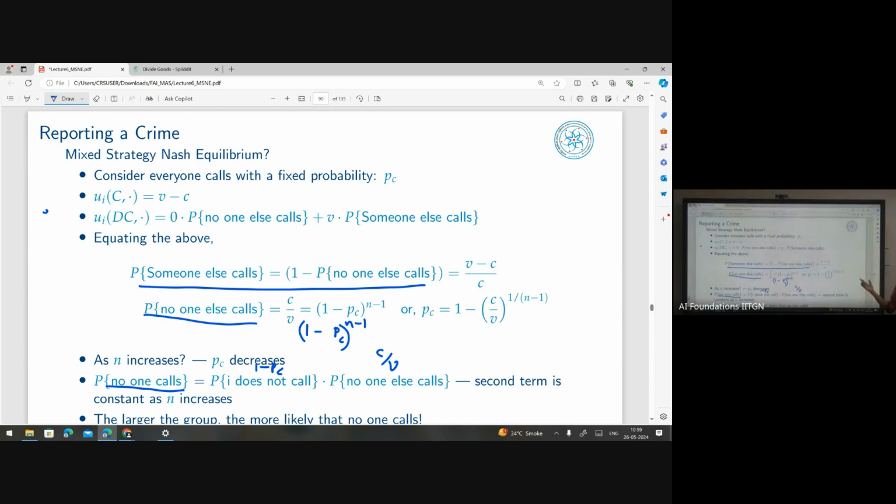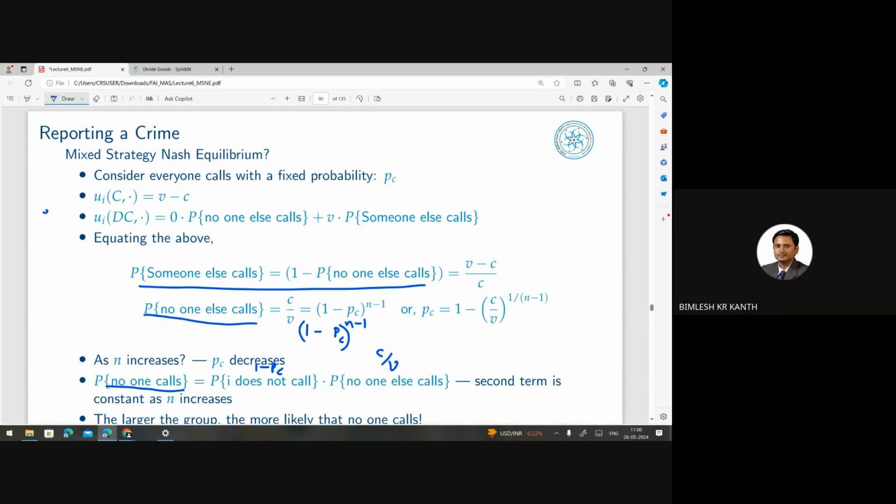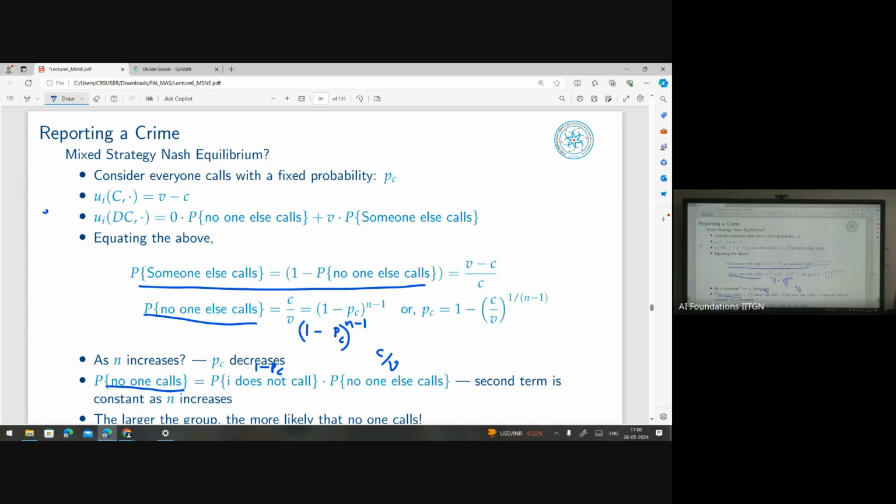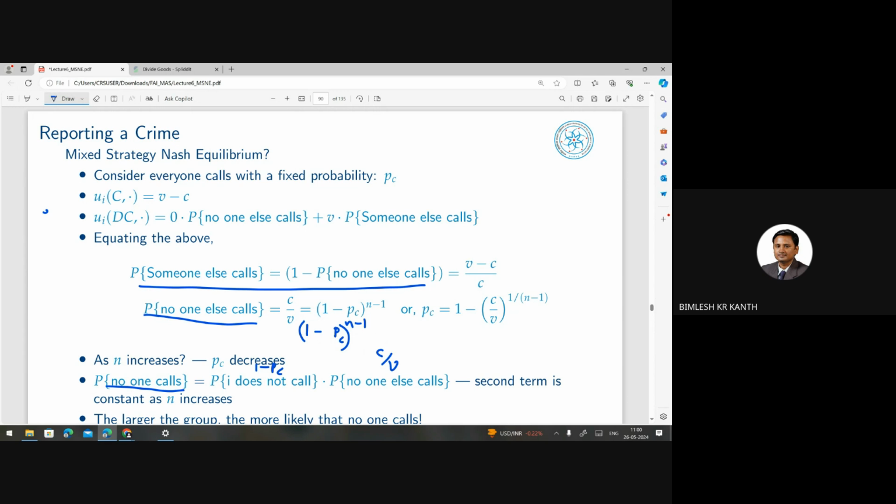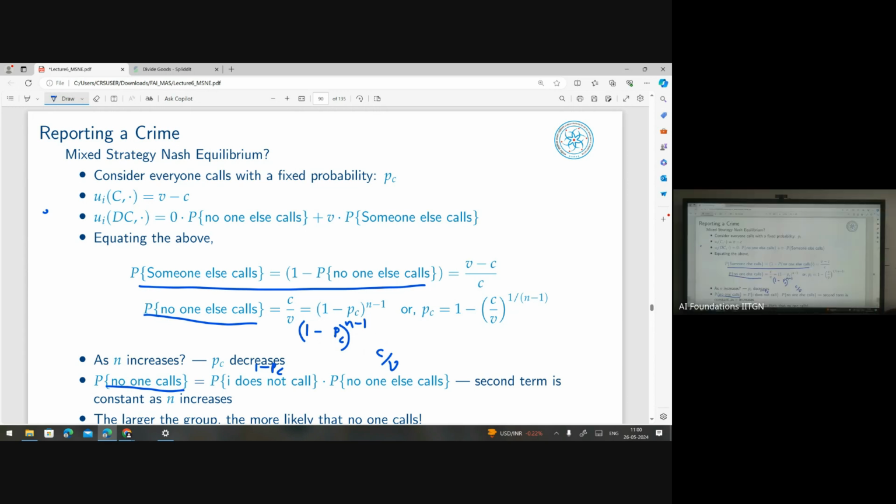So the probability that no one calls will also increase. It's a very intuitive thing. We are just doing a lot of circus for that. So the larger the group, the more likely that no one calls, which is quite correct.